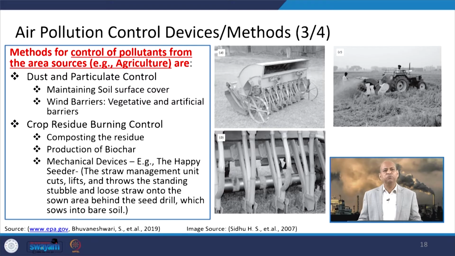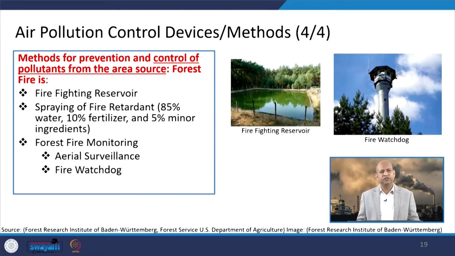Those mechanical systems are available, and the residue can be converted into compost and manure also. So, that is the way to control the area source of agriculture waste pollution. Otherwise, people burn it, and that is not good, because it pollutes the ambient air environment a lot.